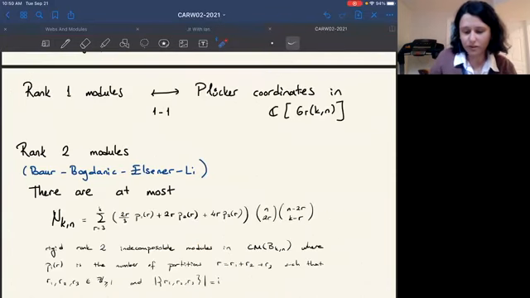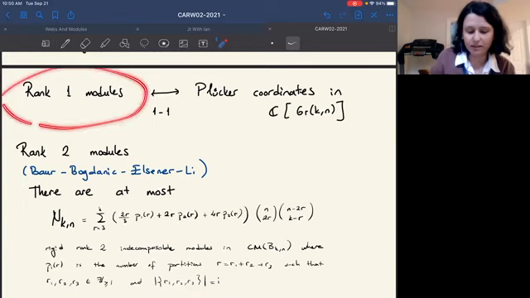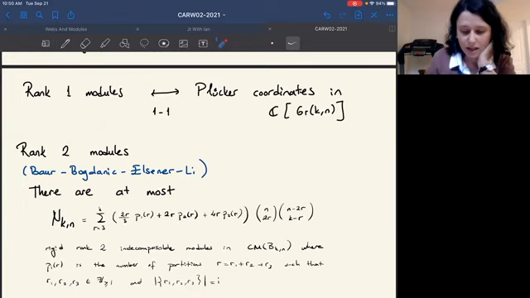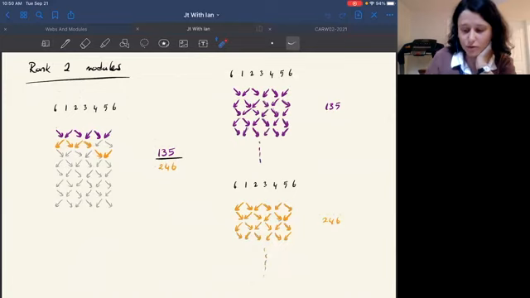For instance, to determine the Plücker coordinates combinatorially, we choose a k-subset of n. You want similar combinatorial data on this other side as well. When you look at the modules, you want a simple combinatorial data to determine the module you want to work with. For Plücker coordinates, you want similar combinatorial data to identify the rank 1 modules.